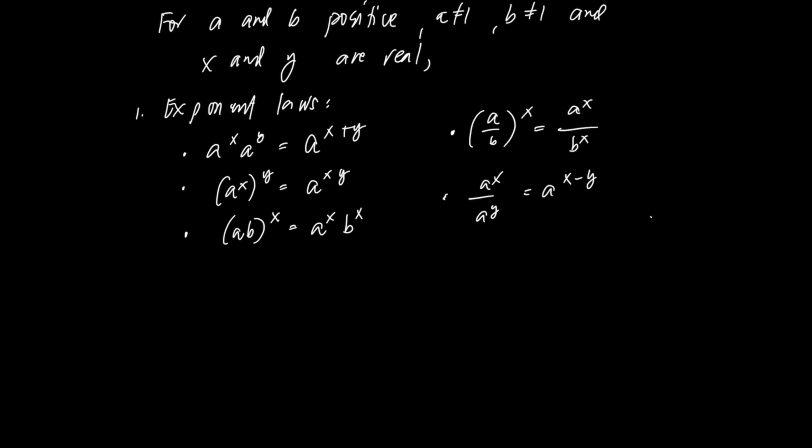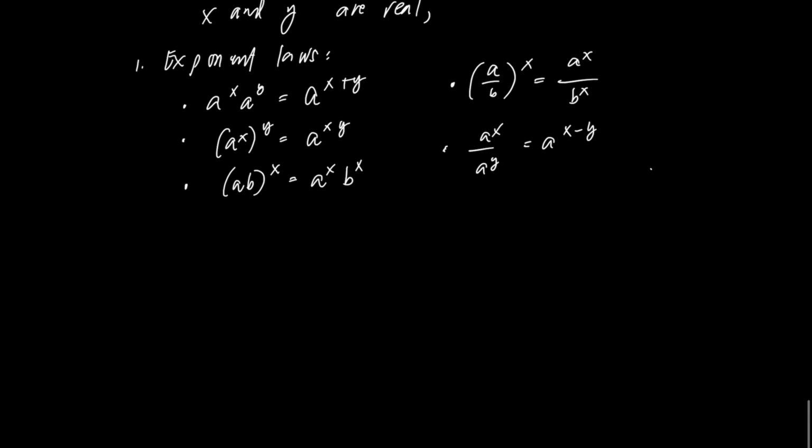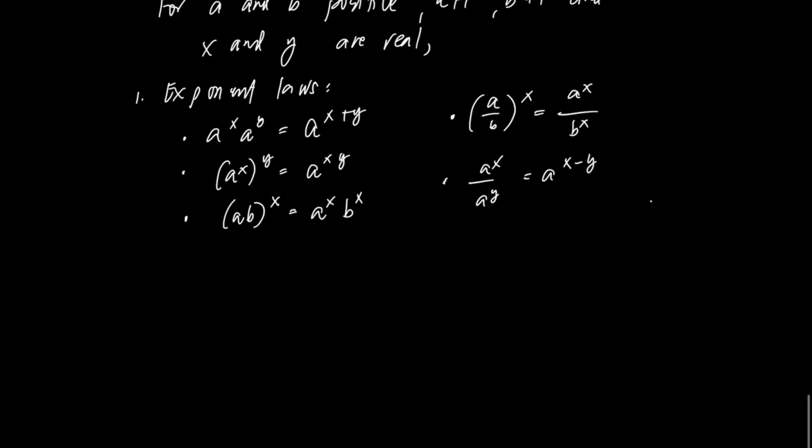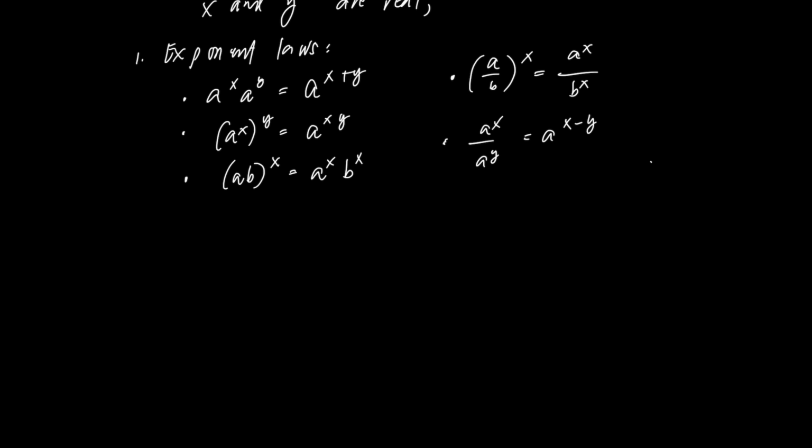Then (a to the x) to the y is equal to a to the xy. Then (ab) to the x is equal to a to the x times b to the x. Then (a over b) to the x is equal to a to the x over b to the x.